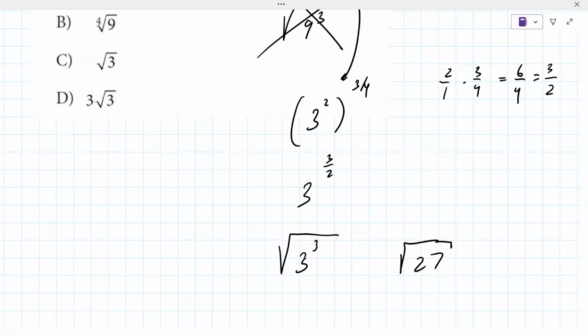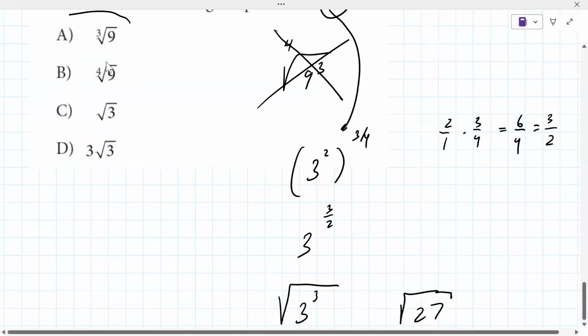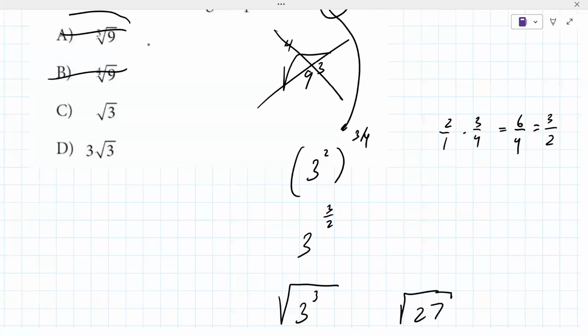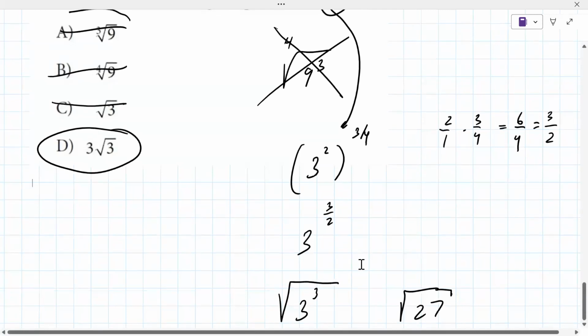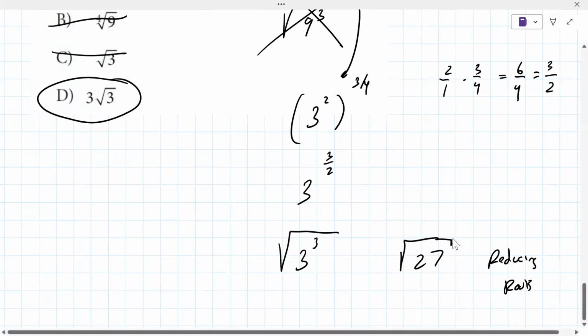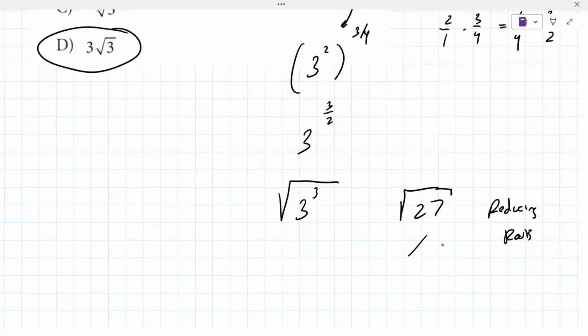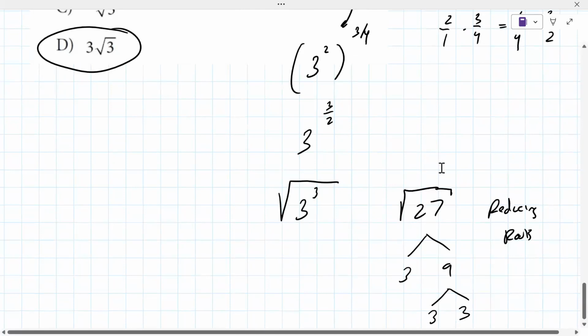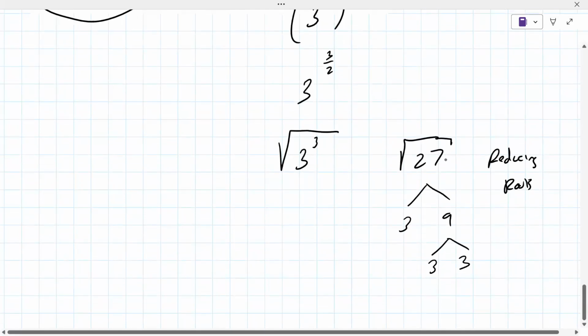Okay. So do any of these reduce to the answer? It can't be A, can't be B, can't be C. So why is it D? This is all about reducing roots. Because 27, you can make it into the square root of 9 and the square root of 3 times the square root of 3.